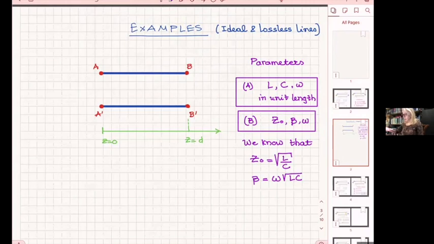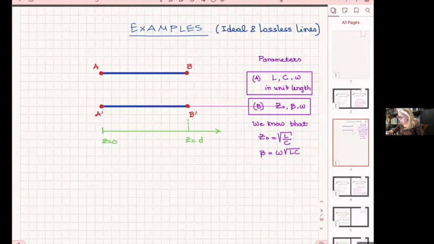All right, so having that in mind, usually what I will give you in most of the problems will be Z naught and beta.